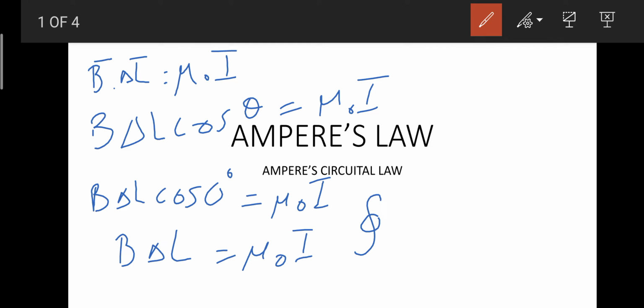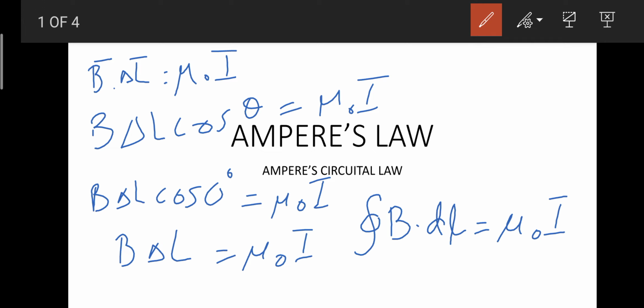And the little circle on this integral represents a closed surface. So what is integrated? The magnetic field is integrated, and the product with dl, where dl is the length element, is equal to mu naught times the current which is flowing through that particular conductor.